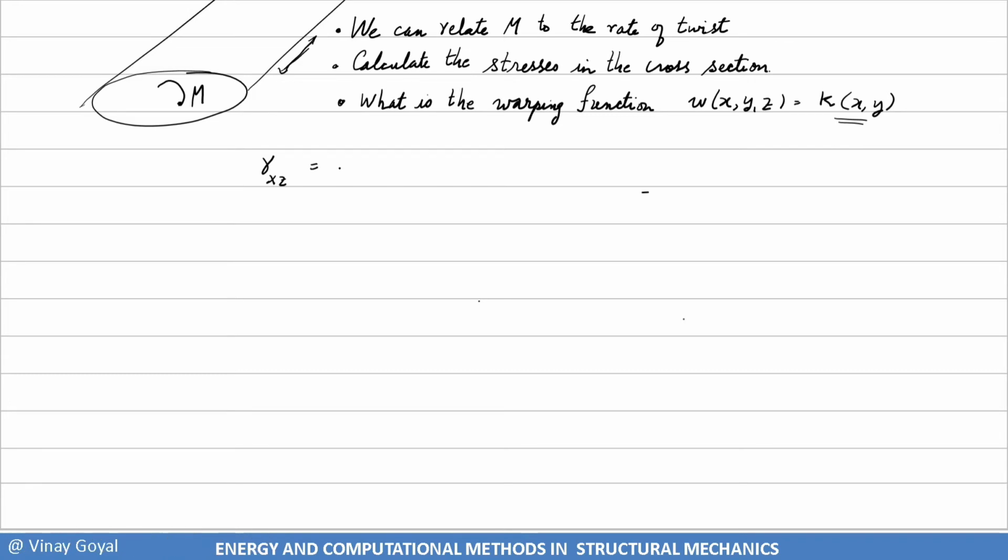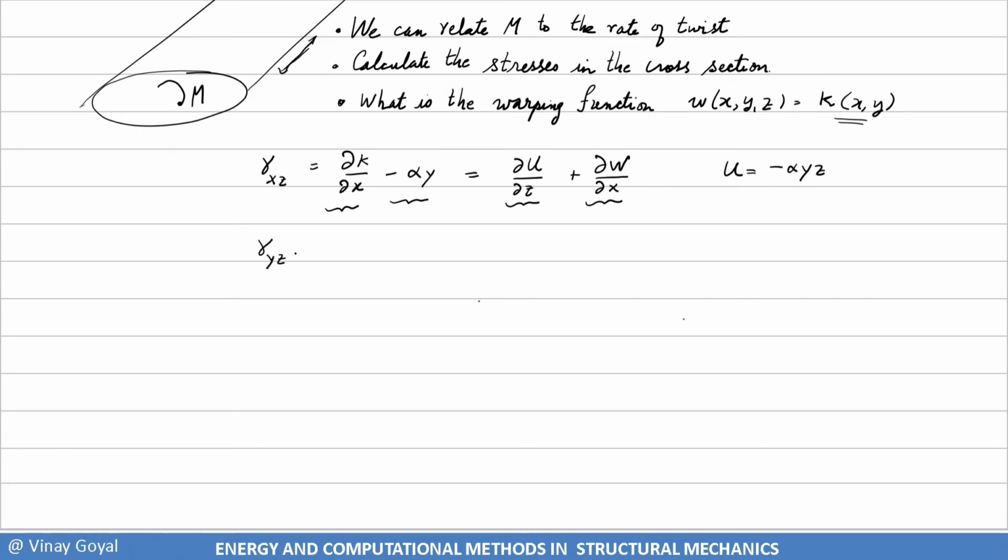It was a partial of kappa with respect to x minus alpha y. I remember doing it because we took the partial of u with respect to z plus the partial of w with respect to x. That term is this term, and that term is this term, because u was equal to minus alpha yz. That's the way we did it.